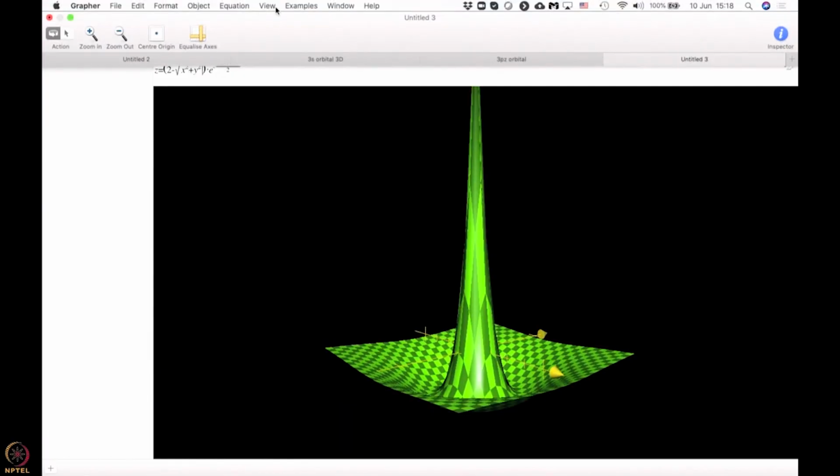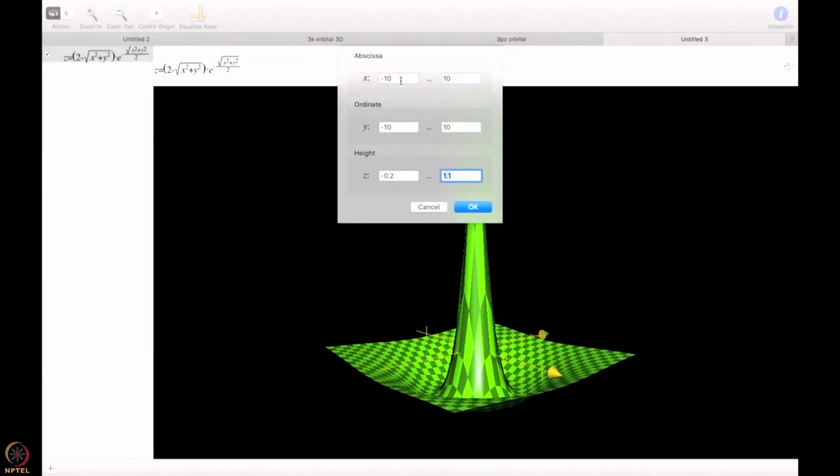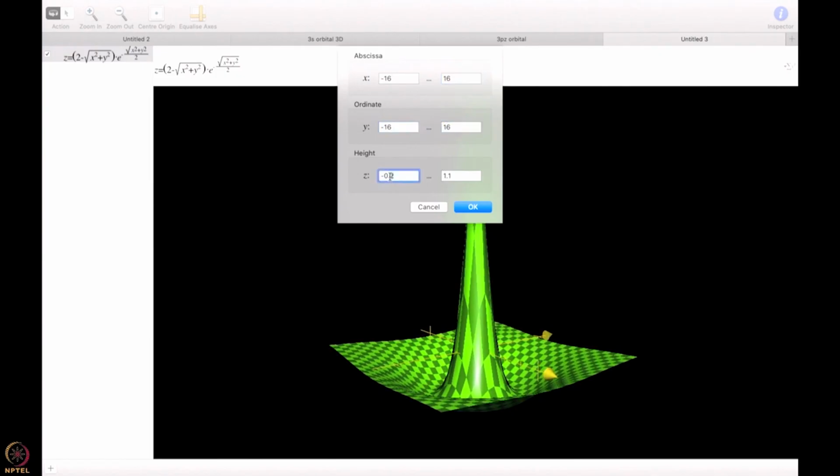We have to change the limits once again. Remember what we had done, we had set this to 16 if I remember correctly in the 2D plot, this will be plus 16, y has to be the same thing, otherwise it will be distorted, and this one I think we had made it 0.4 and this one was 2.1 or something, no harm if I say 2.2.